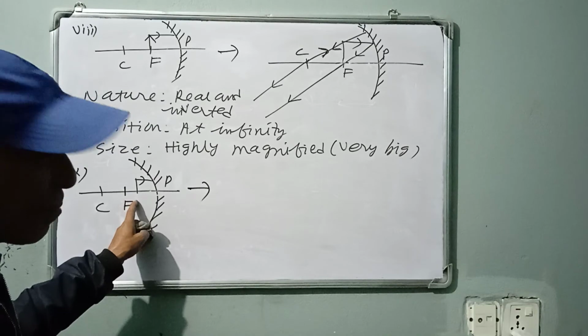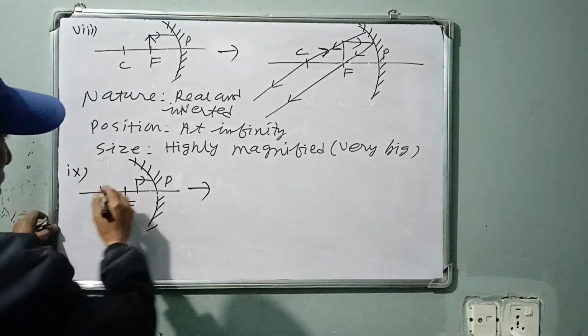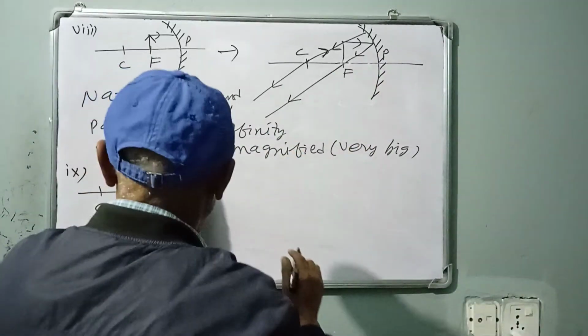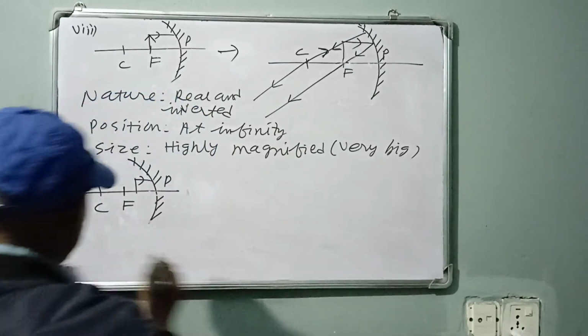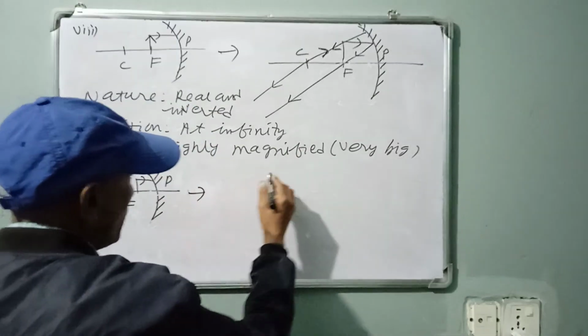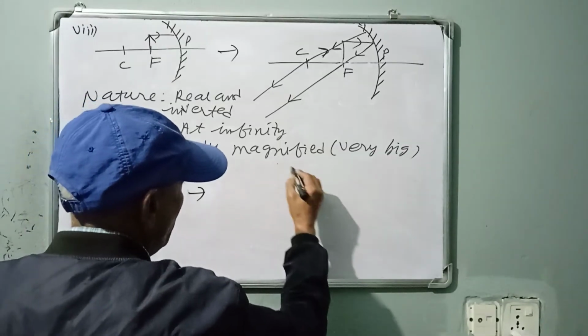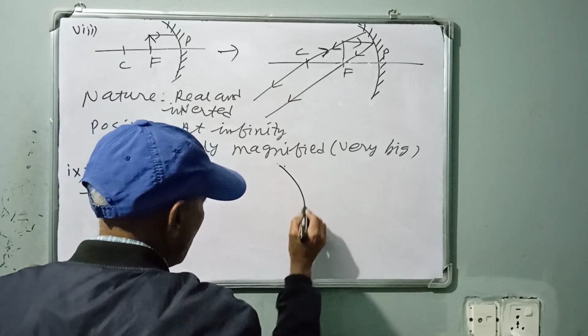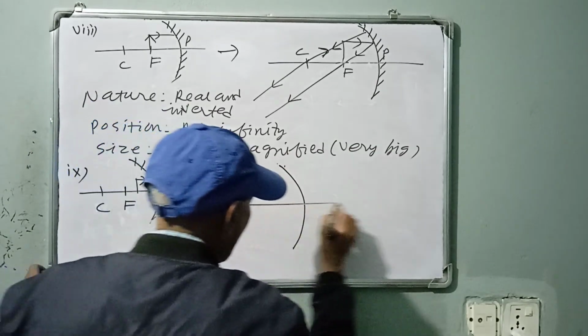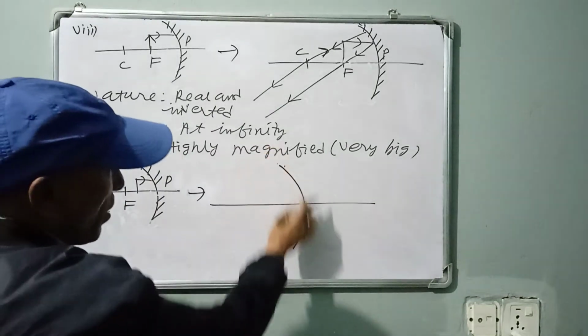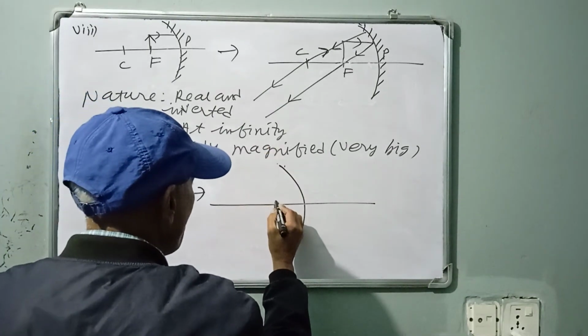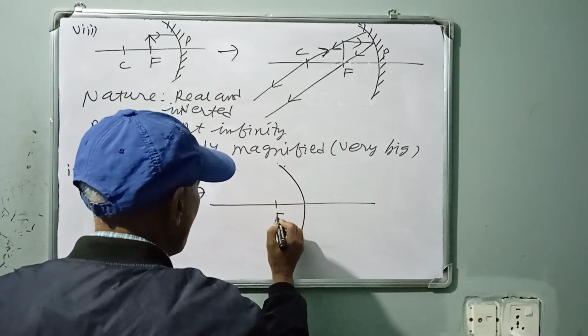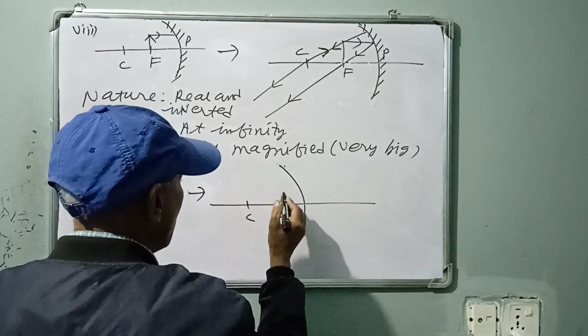This is an incomplete diagram. Since the image is formed on the right side, I draw here concave mirror, focus, center.